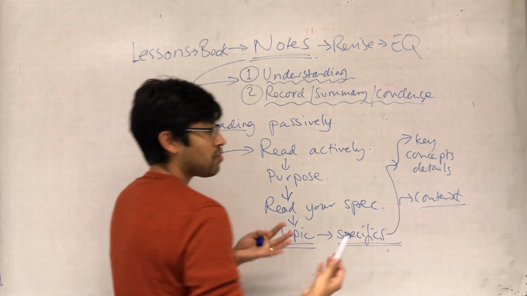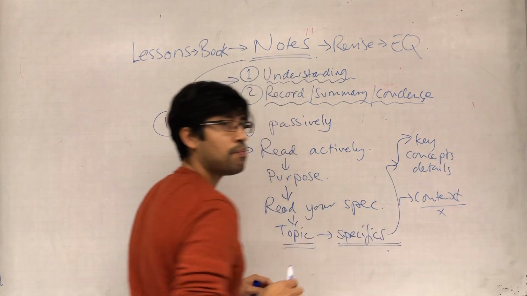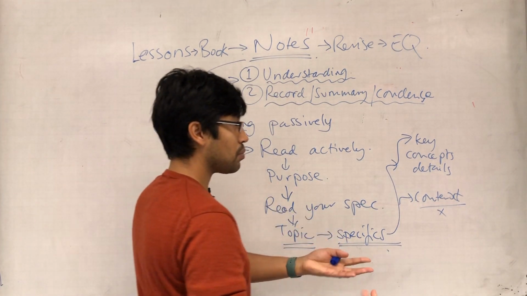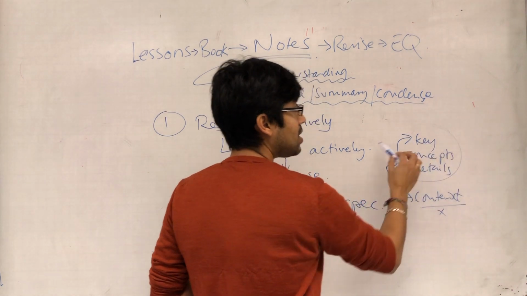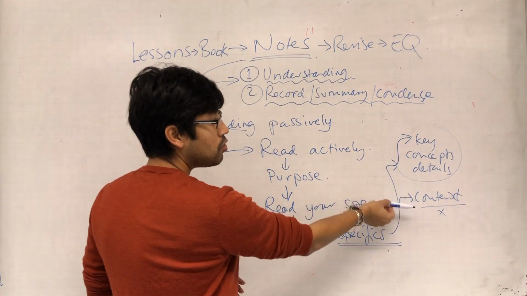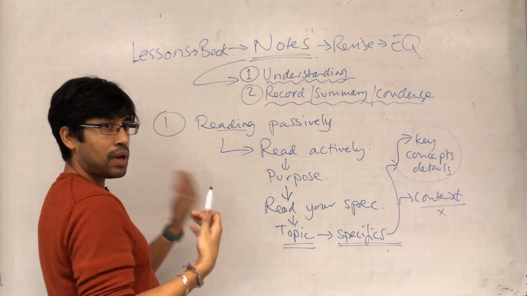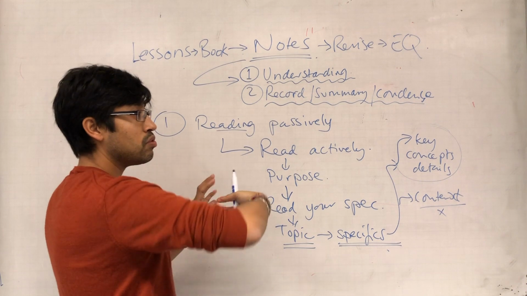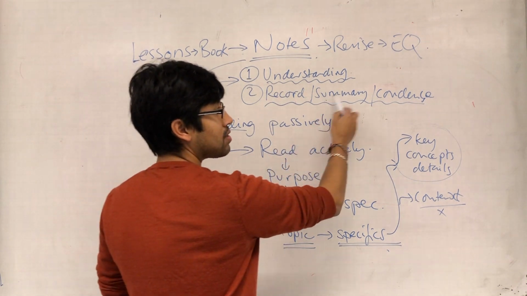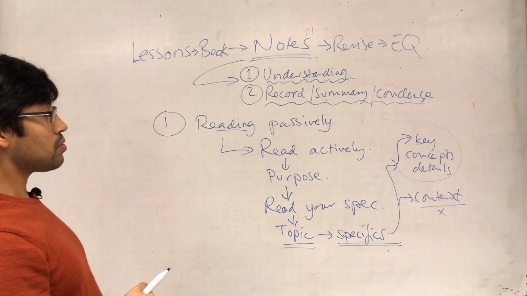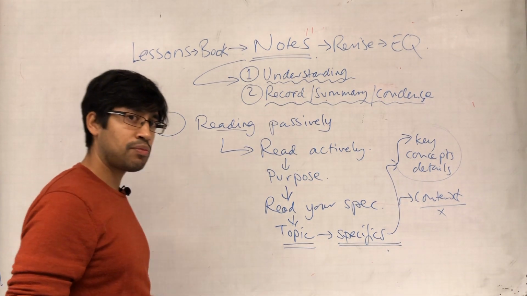Now, contextual information shouldn't technically be required for assessment purposes, but key concepts and details is. So if you know what's on your specification, it will help you make that decision a bit better, and you might find that you're better able to filter out and summarize and condense your information when you're making your notes. Let's move on to the next point.